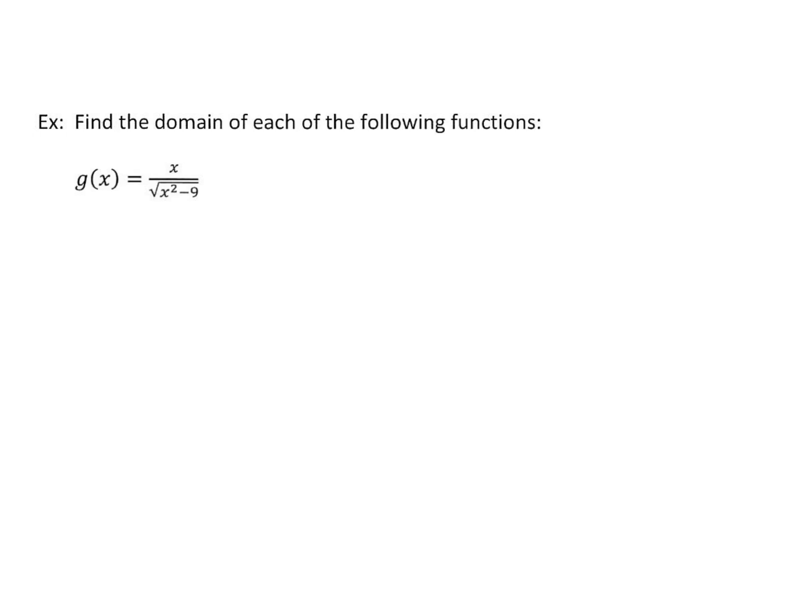Now, that being said, especially with a fraction, what can't ever happen with a fraction? You can't divide by 0. When you divide by 0, that is called undefined, right? It has no meaning. So what we're going to do here is figure out what values will create a problem.